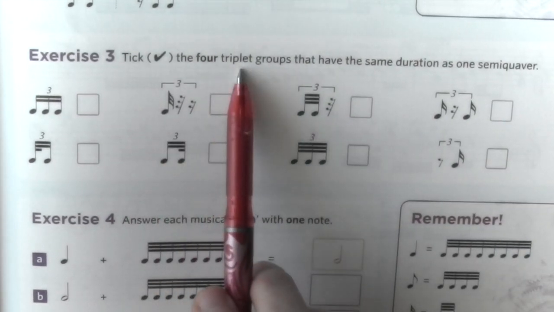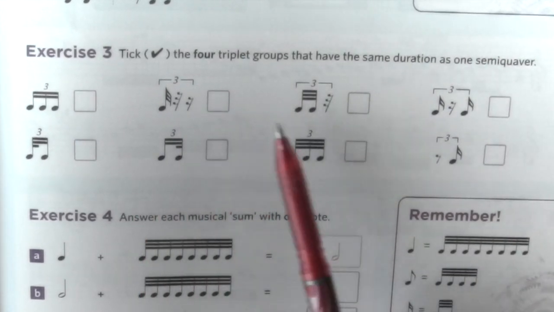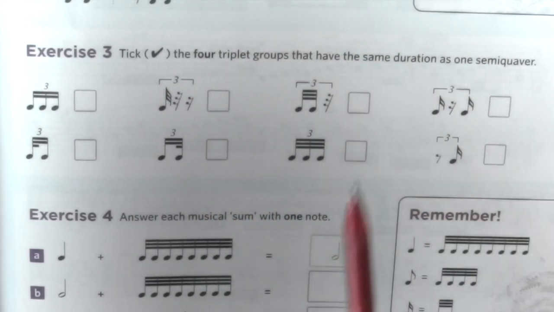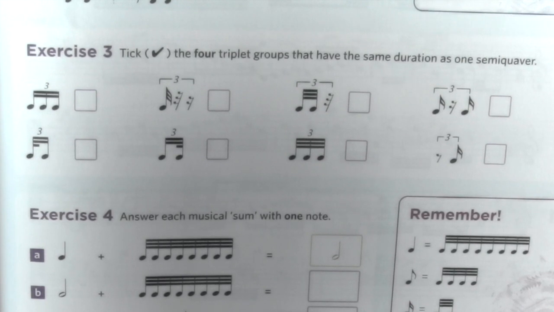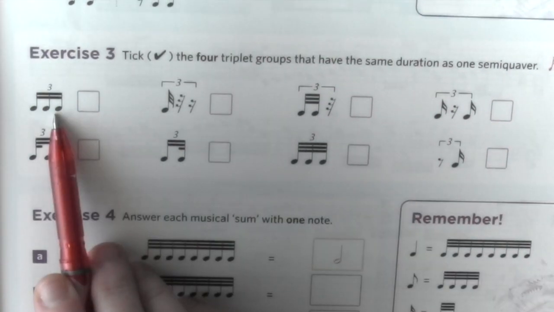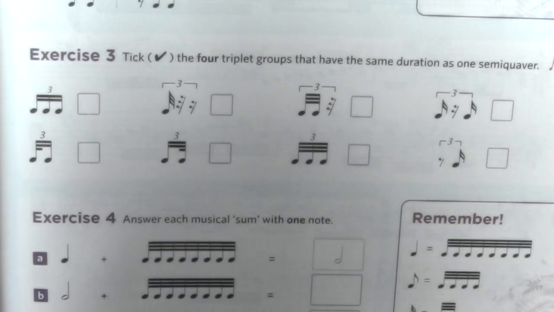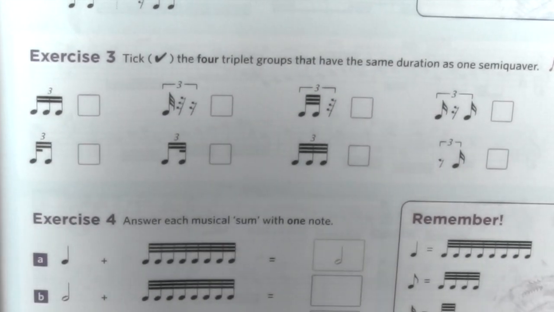Take the triplets, so there are only 4 here, the 4 triplets that have the same length of 1 semiquaver. 1 semiquaver equals 2 demisemiquavers. So we need to see where we have this. 3 semiquavers equals 2 semiquavers. So no thank you.